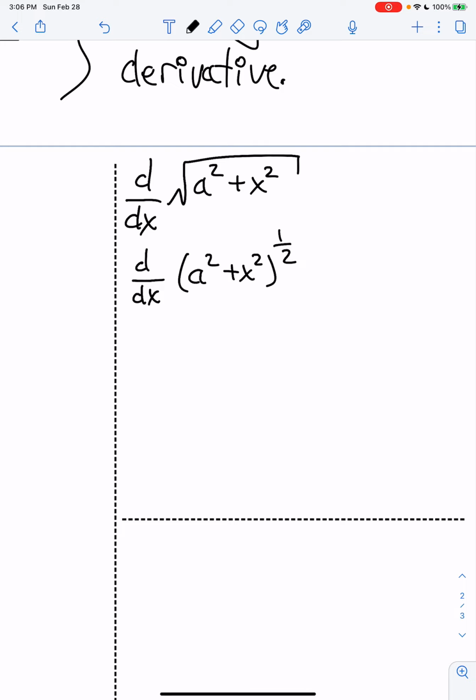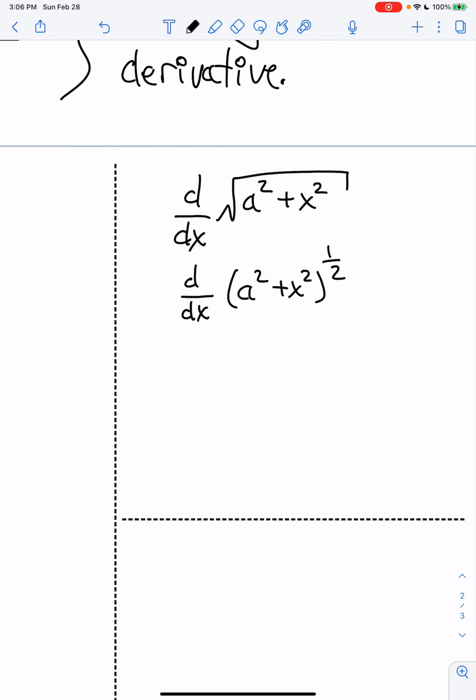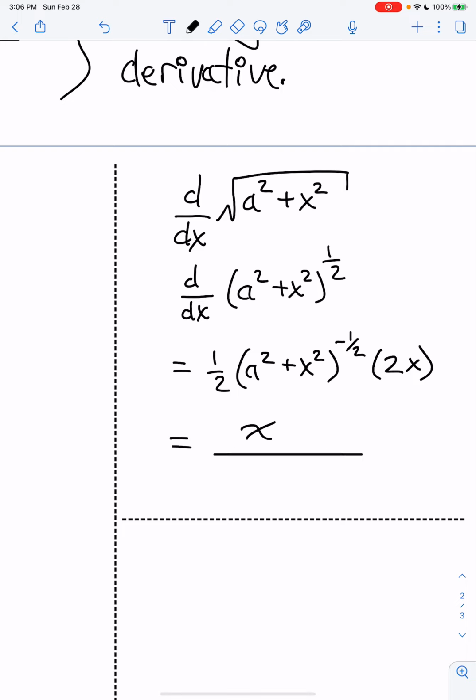That's probably a form that is a little bit more convenient to apply our differentiation. So we'll pull the 1/2 down, and we have a squared plus x squared to the negative 1/2, and then the derivative with respect to x of the contents inside that bracket, which is 2x. And so the derivative of this form is going to be x over the square root of a squared plus x squared.